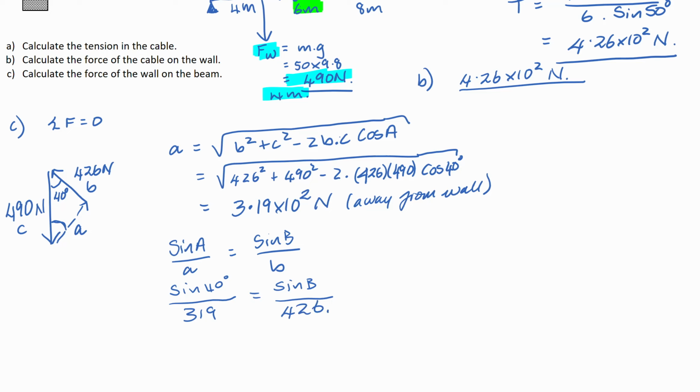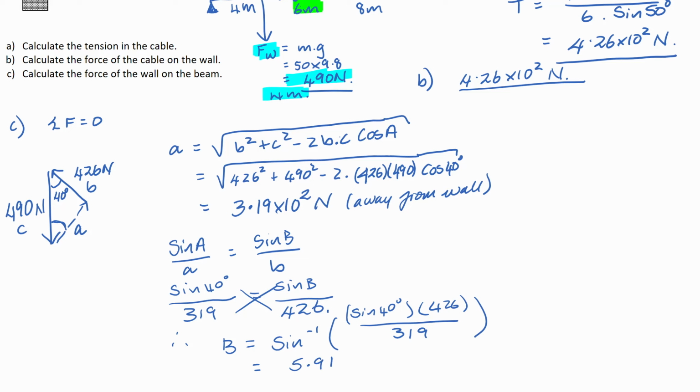So therefore, B is equal to the inverse sine of, and I'm going to have to cross multiply here. So I've got sine 40 times by 426 over 319. Whoa, nice calculator thing there. So I end up with 59.1 degrees from the vertical.